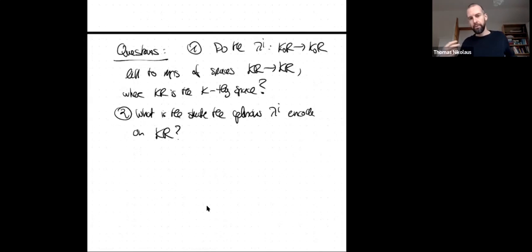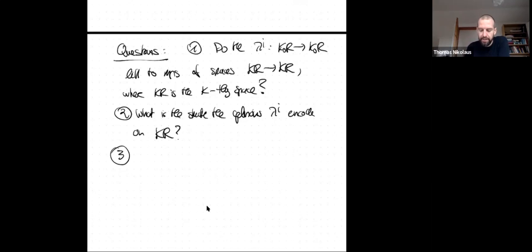So on the set K0, they encoded the structure of a lambda ring. That's what Grothendieck's theorem is. And I want to ask the similar but higher algebra version of that question. What is the highly coherent structure that these operations encode on the K-theory space? And this is maybe actually the motivation for this work. This was a question, I think, raised by several people. But I'll come to that in the end if time allows.